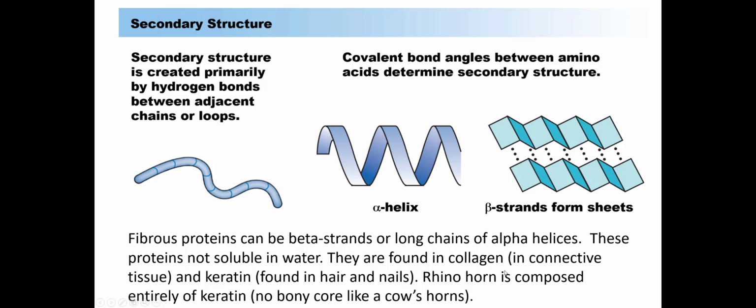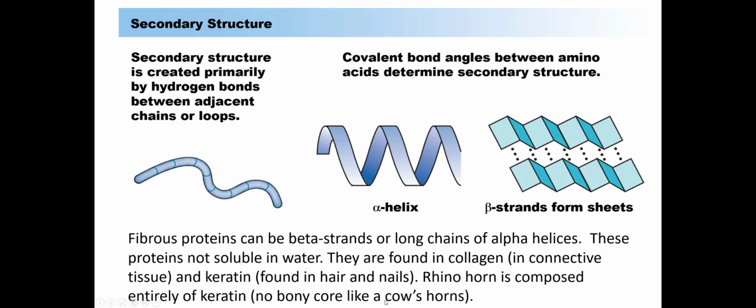They're found in collagen, which is found in connective tissue in, say, your skin, and keratin, which is found in your hair and nails. And just as a side note, rhino horn, which is a big black market for, is composed almost entirely of keratin, which is the same material in your hair and nails. It is different than, say, a cow's horn.